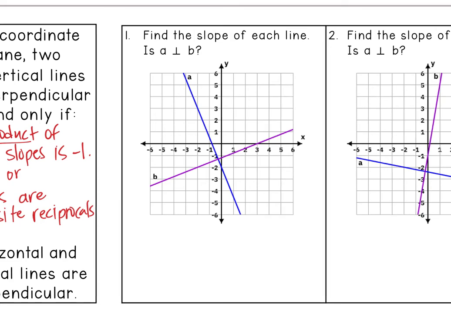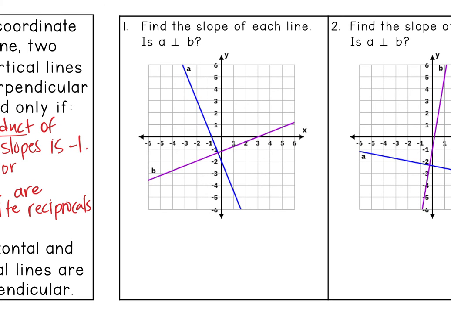Here's our first one, and we're going to do what we did with the other ones. Find the slope of each line, and then is A perpendicular, so different symbol, perpendicular to B. So starting with A, we need perfect points. So it looks like right here at -2, +3.